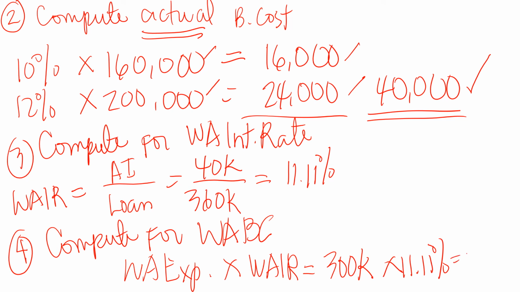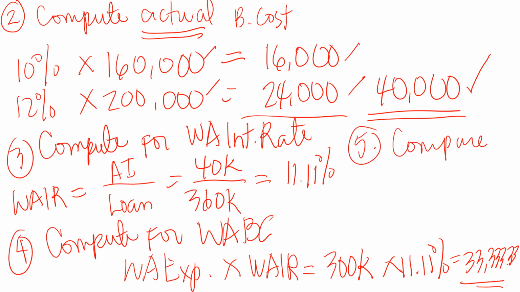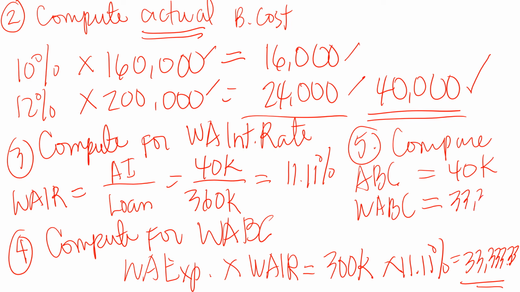So, lalabas, this is 33,333.33. Question, ito na ba yung borrowing cost? Di pa. Kasi ang next step, compare, di ba? Kukunin natin yung lower. So, yung actual borrowing cost from general borrowings is 40,000. Yung weighted average borrowing cost from general borrowings is 33,333.33.